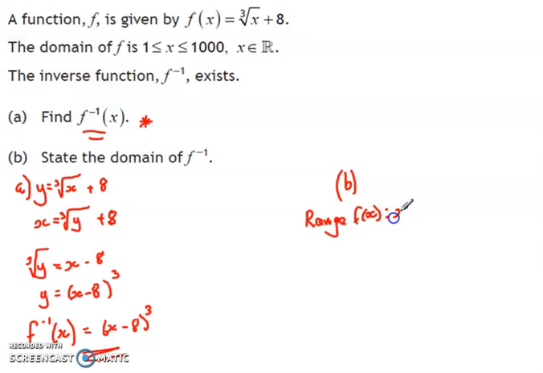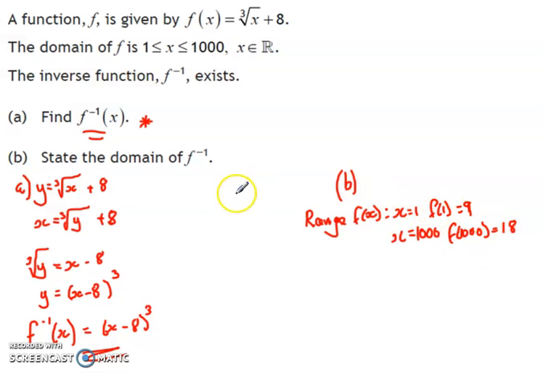When x is equal to 1, the lowest part of our domain, f of 1 is equal to 9, and if x is equal to 1,000, f of 1,000 is equal to 18. So that there is the range of my function.